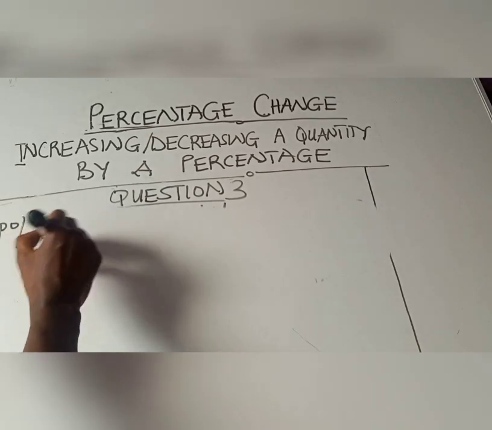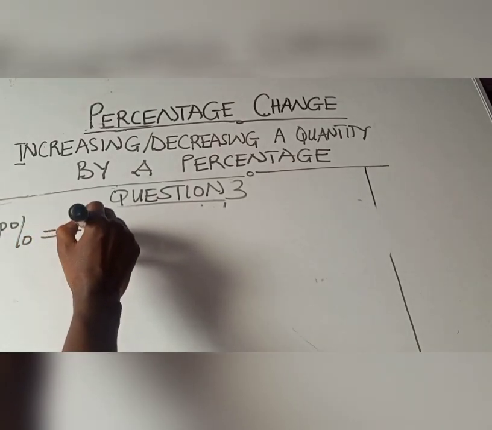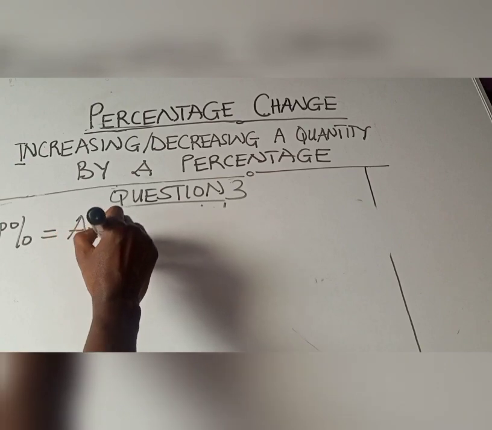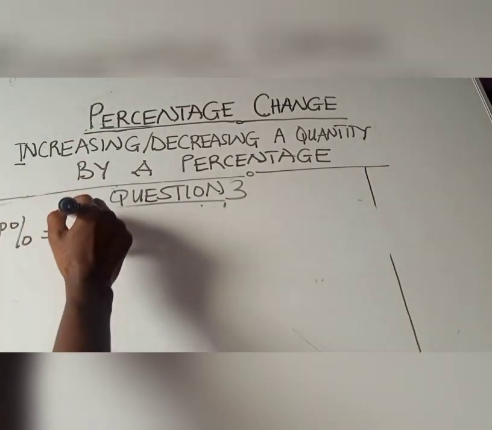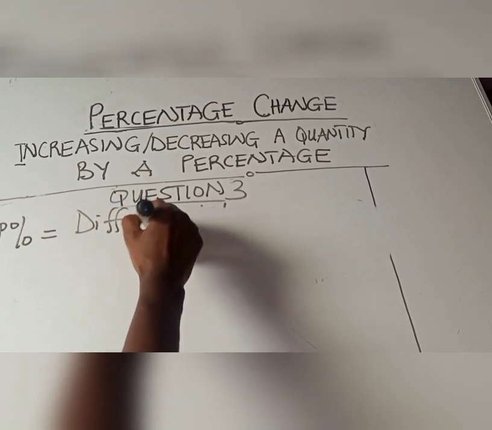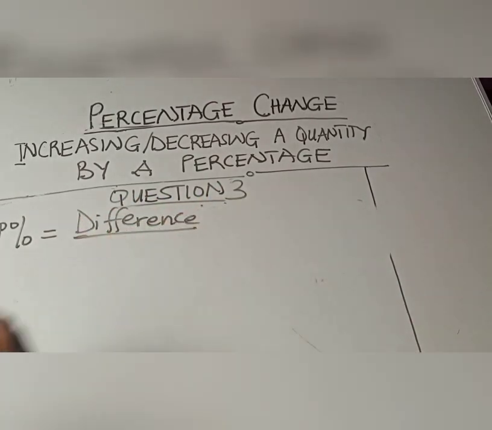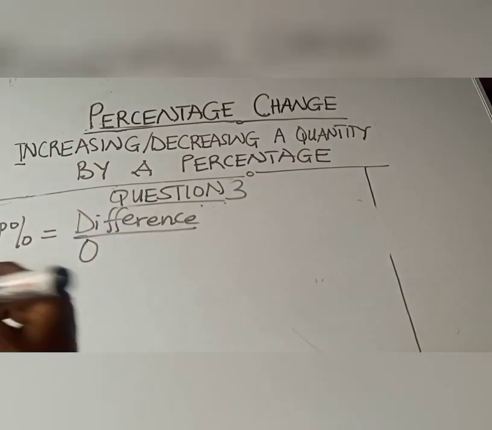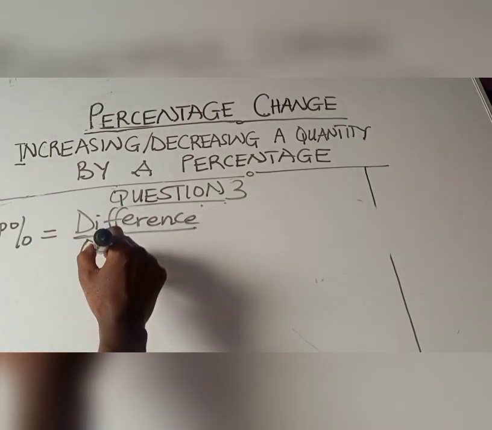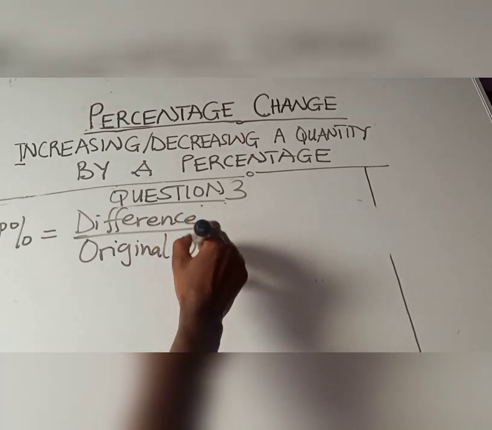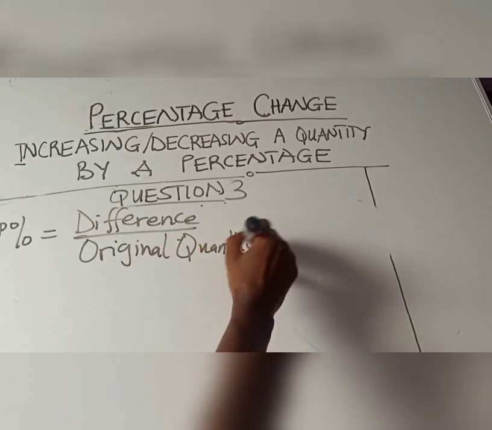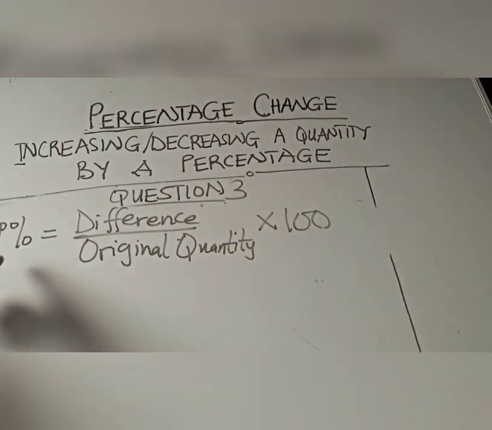So the percentage increase is given by the difference out of the old sales, or we say the original quantity, times 100, because they requested a percentage.